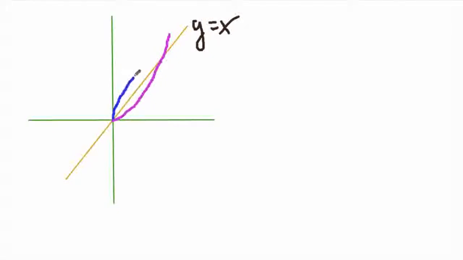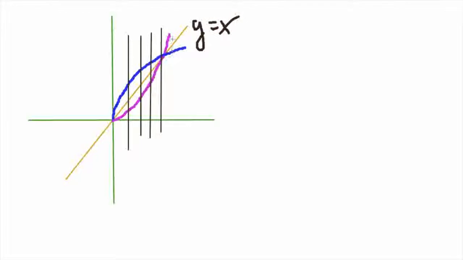If I reflect that, so there's a graph of the inverse, does it pass the vertical line test? Sure. The vertical lines only touch the purple and blue graphs in one place.